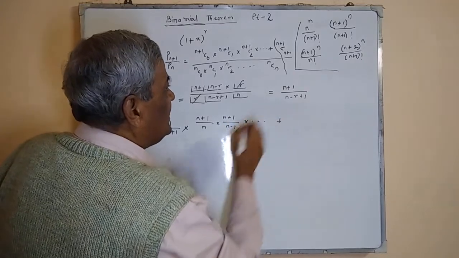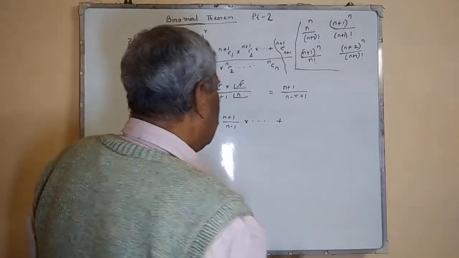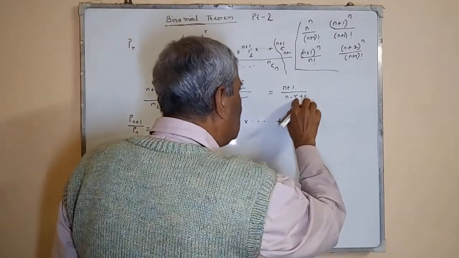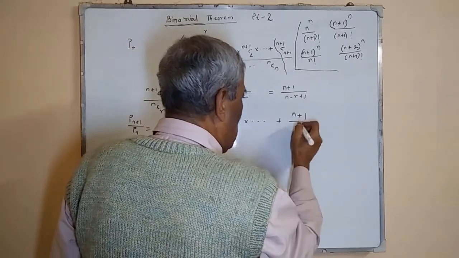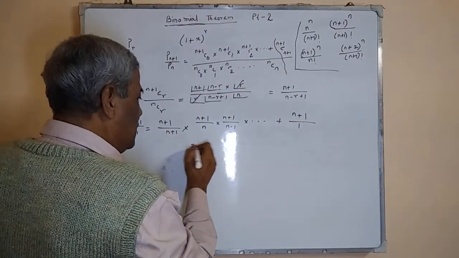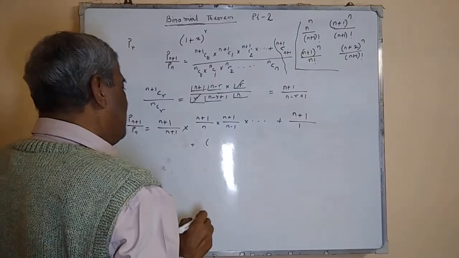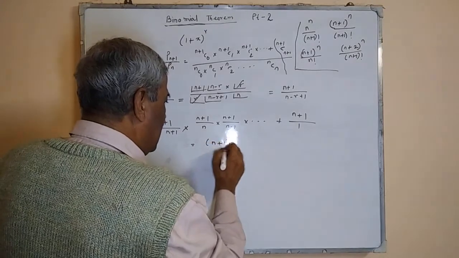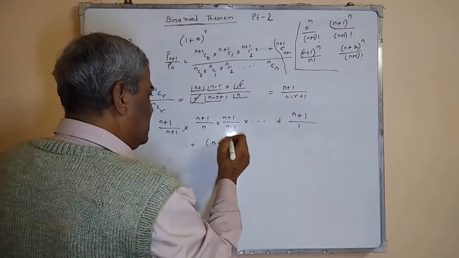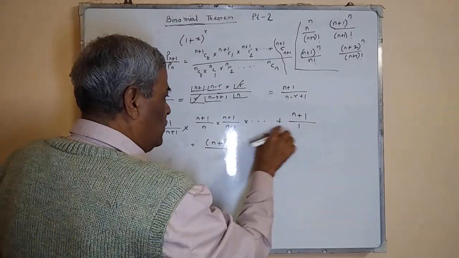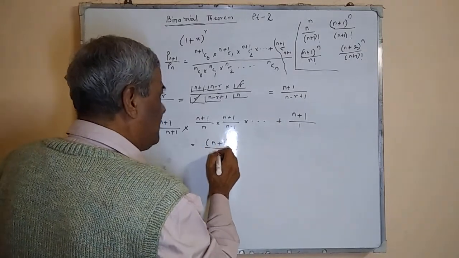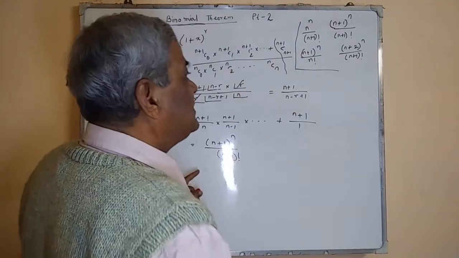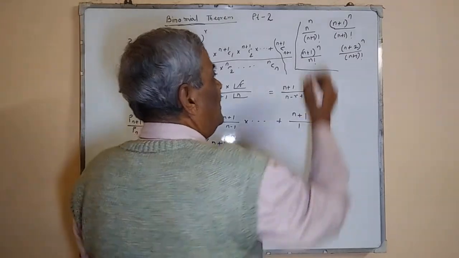This way, to get the last term, we put R equal to n over there, giving (n+1) by 1. There are n factors. So (n+1) in every numerator, so this to the power n by 1, 2, 3 up to n plus 1.